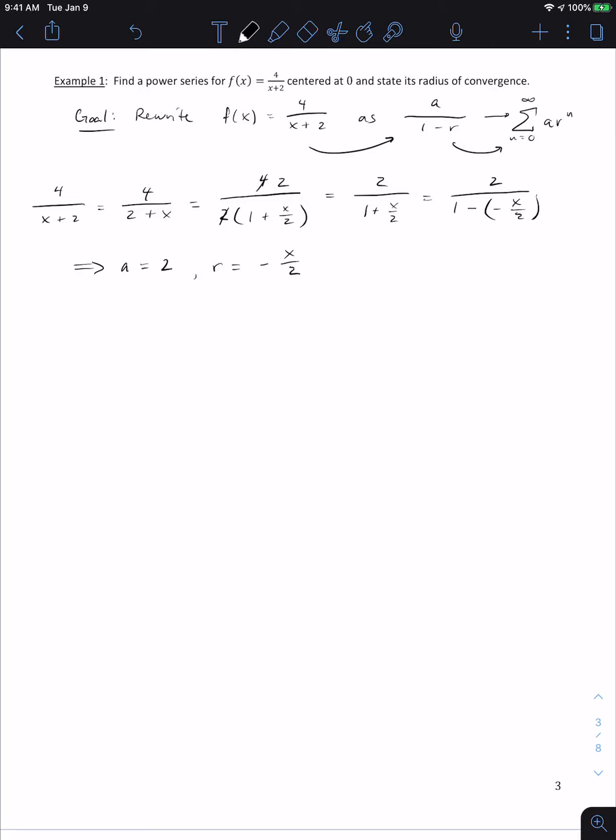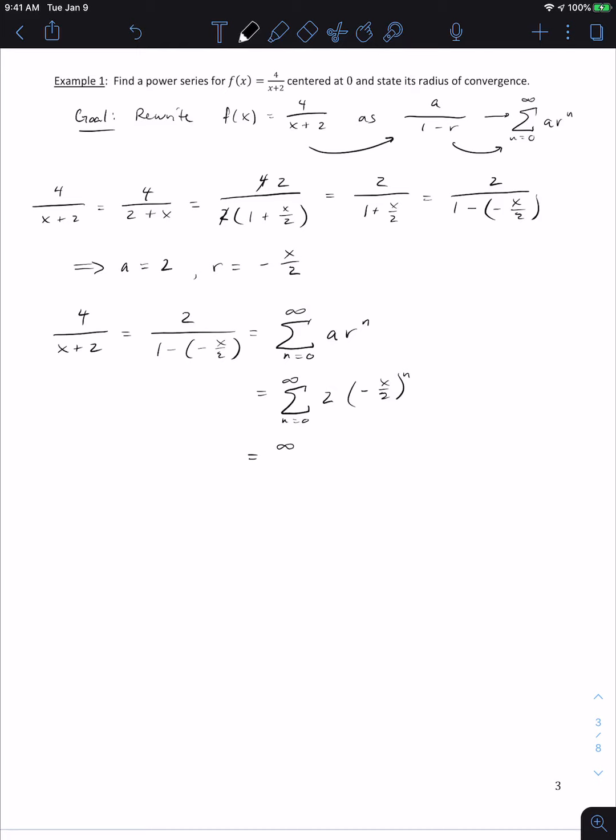Right? So now what can I do? I can use my formula for a geometric series. I took my original function as 4 over x plus 2, and I rewrote that as 2 over 1 minus x over 2. And then, remember, I can rewrite this as a geometric series, a times r to the n, by the geometric series formula. But what is our a? Our a is 2, and our r is minus x over 2, to the n.